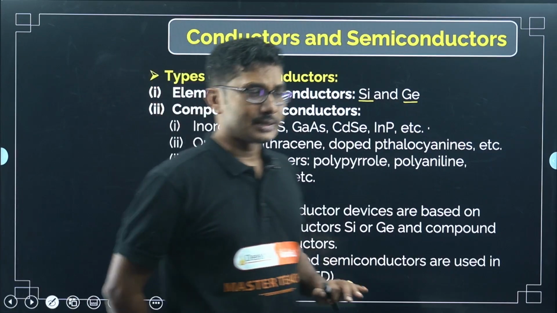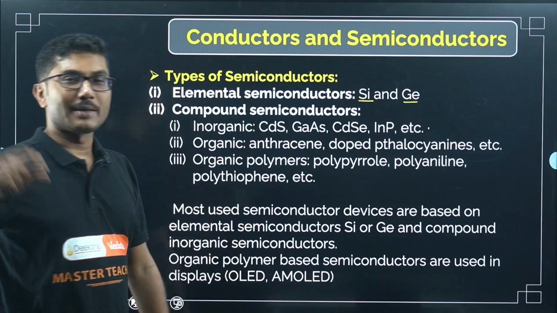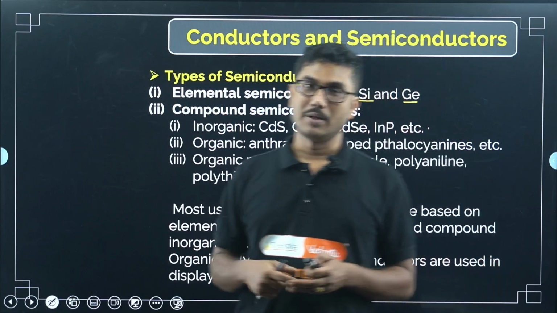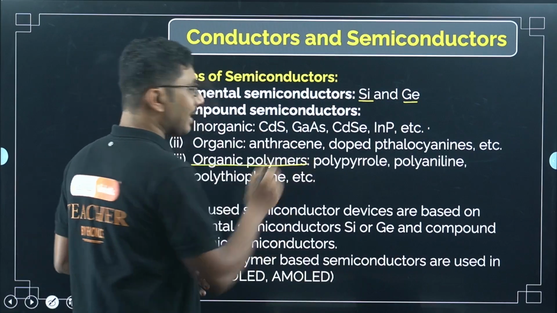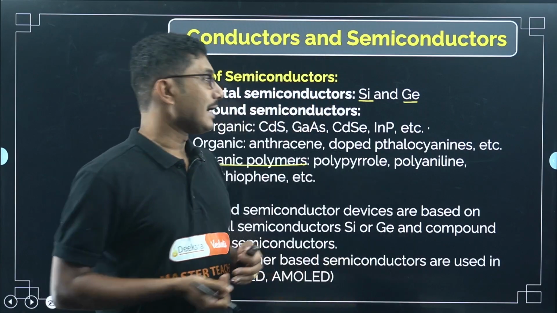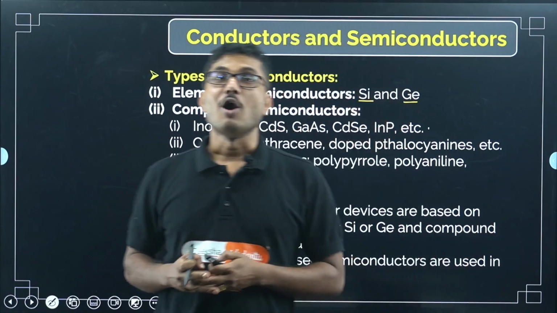We will discuss this in our future lectures. But AMOLED and OLED are basically semiconductors based on organic compounds. Organic compounds, especially organic polymers, are becoming very useful, and in future maybe we will even use computers based on organic semiconductors.